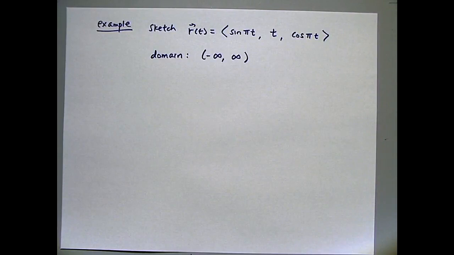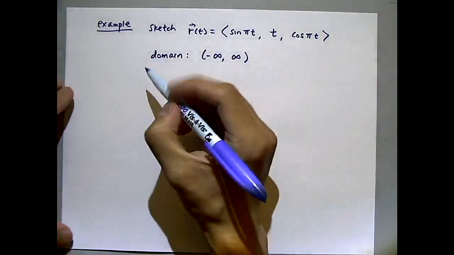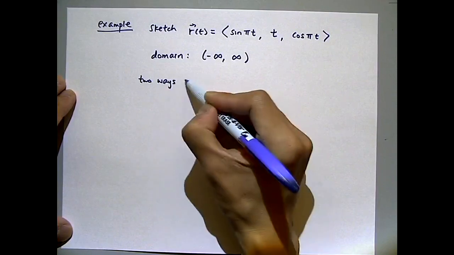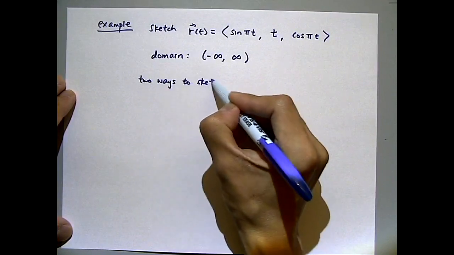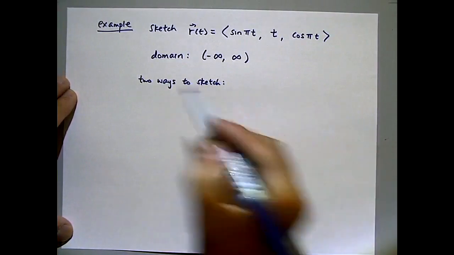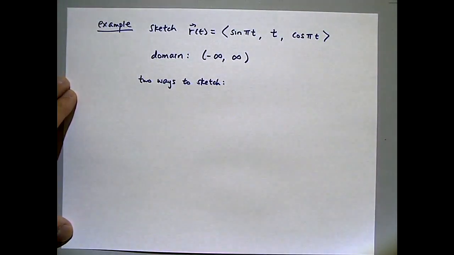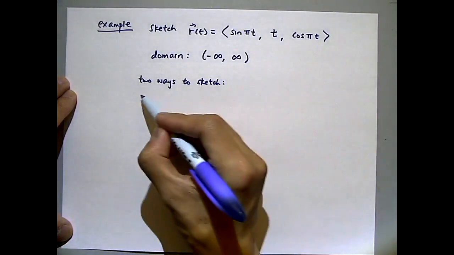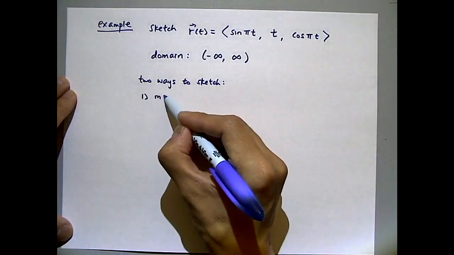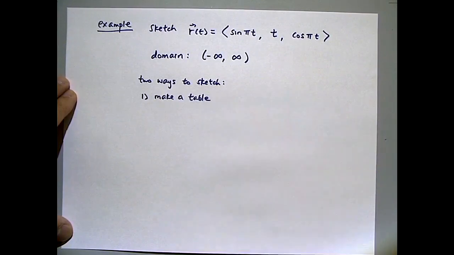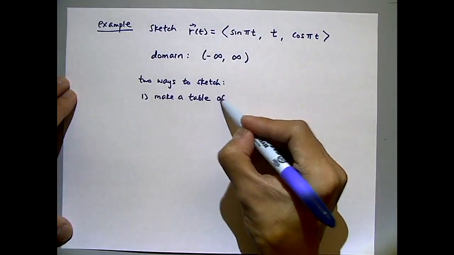So let's see what this looks like. There are two ways to sketch this. The first way is we collect a bunch of dots and then connect them. Make a table of points.